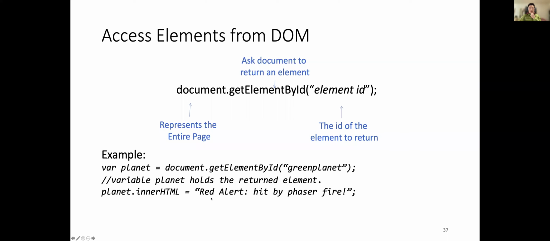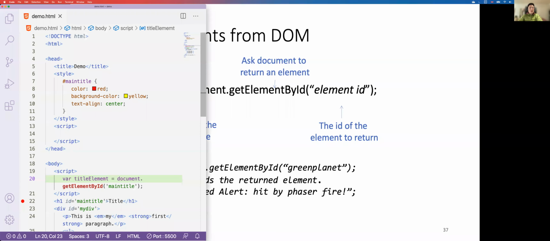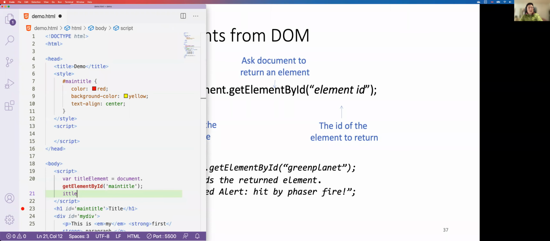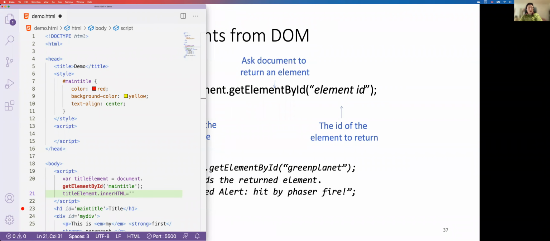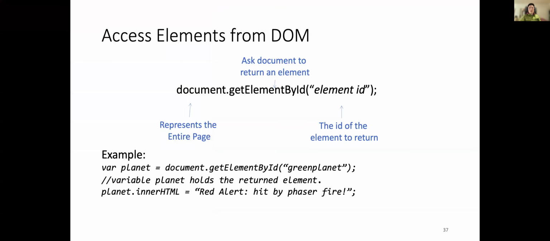This way, it will change the text. So .innerHTML essentially changes whatever is in between the starting and closing tags. For example, here I can say titleElement.innerHTML equals a new title. So I want to change this text to new title.